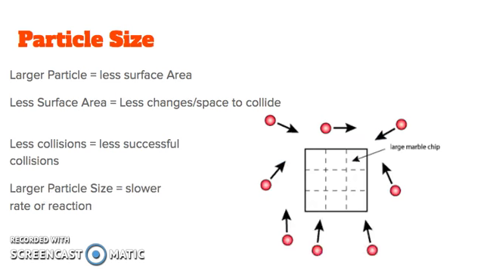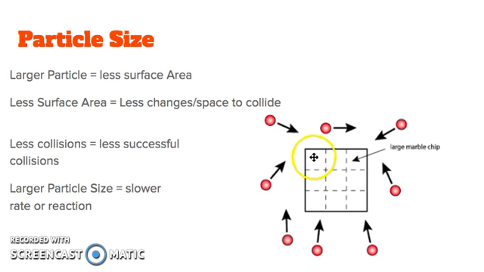This one, the particle size, is a little bit harder to grasp. Basically, the larger the particle, the less surface area there is. So in this example, we can see that there is a square, a marble chip, which is what the image calls it, and the other reactant is moving around it. You can see that the only places that the other reactants can collide is along the surface of this square.